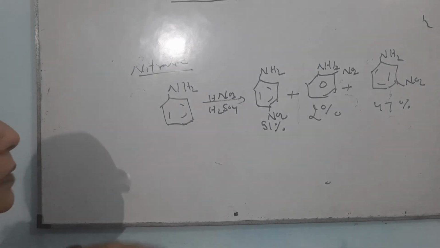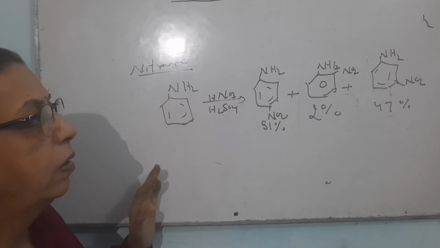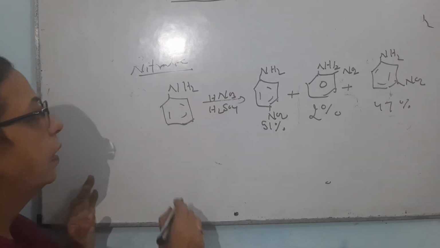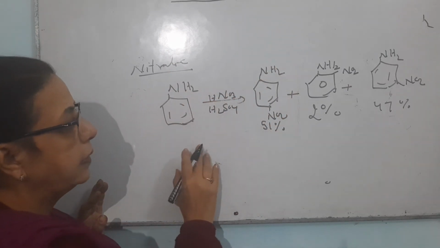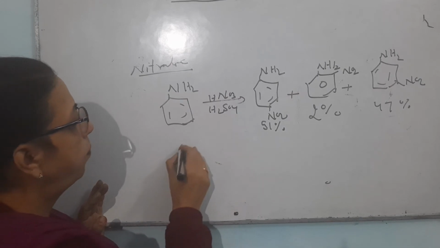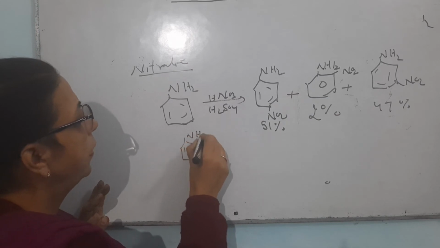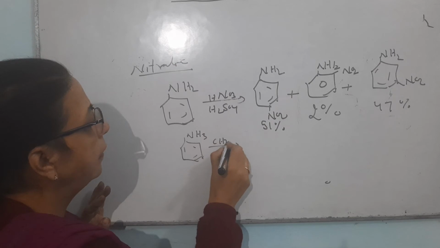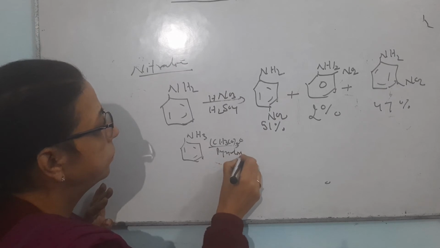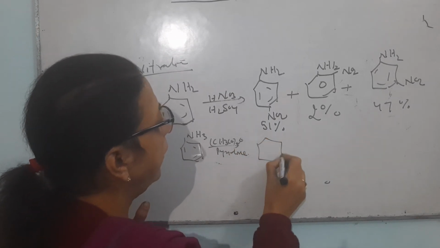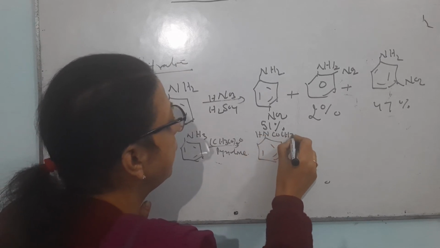In the same manner as we have done earlier in the halogenation, here also we can obtain the para substituent only, just by protecting the aniline by using again acetic anhydride in the presence of pyridine. So if we do the reaction with ethanoic anhydride, pyridine, there will be formation of again acetanilide, NH, CO, CH3.